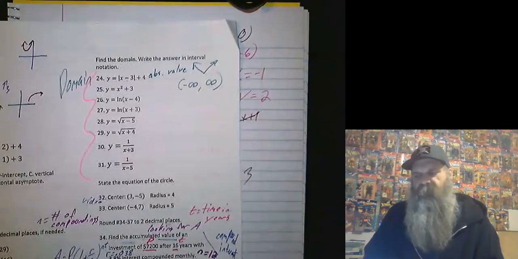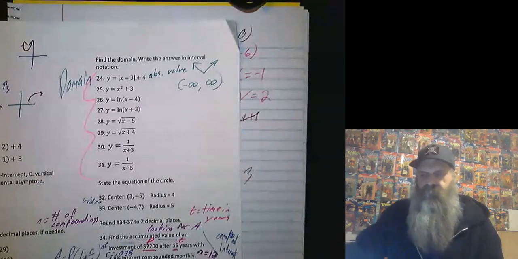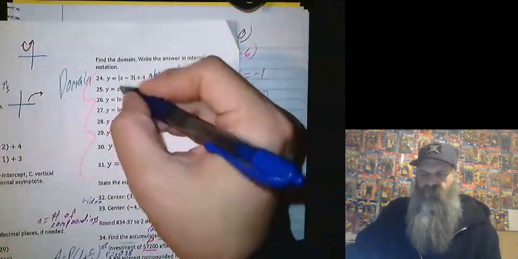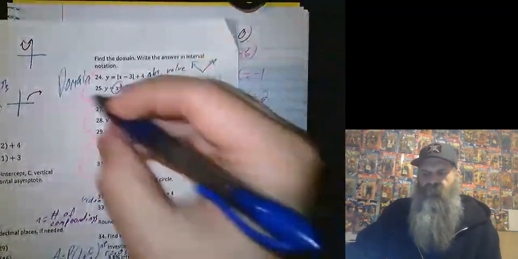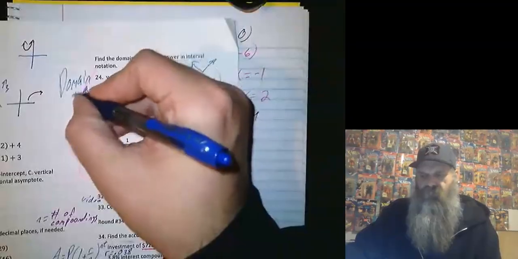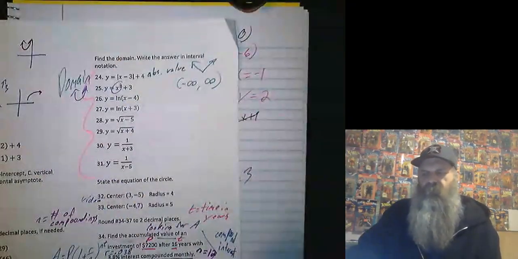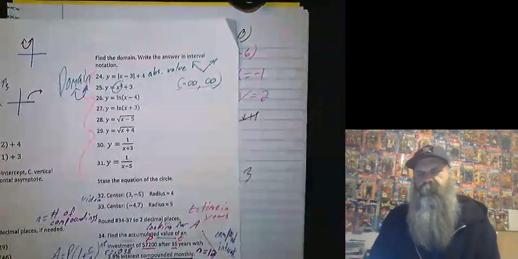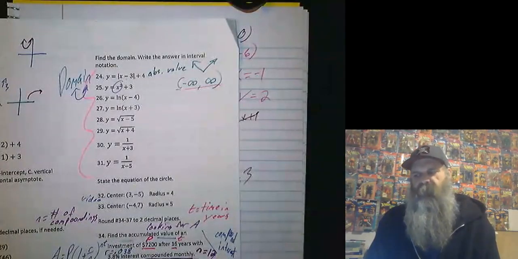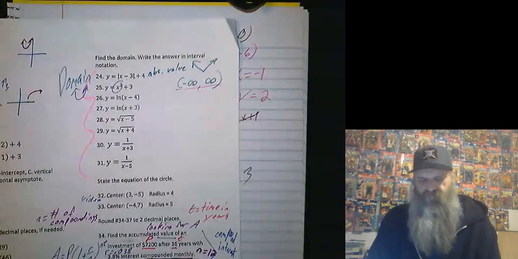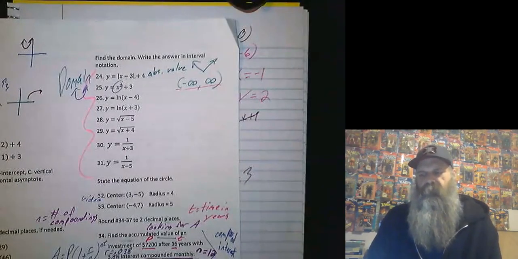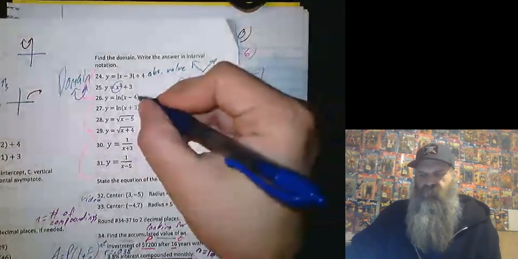The domain is negative infinity to positive infinity. Same thing with any quadratic. If there's an x squared, it makes a U shape, and that also has a domain from negative to positive infinity. So here are the domain restrictions.